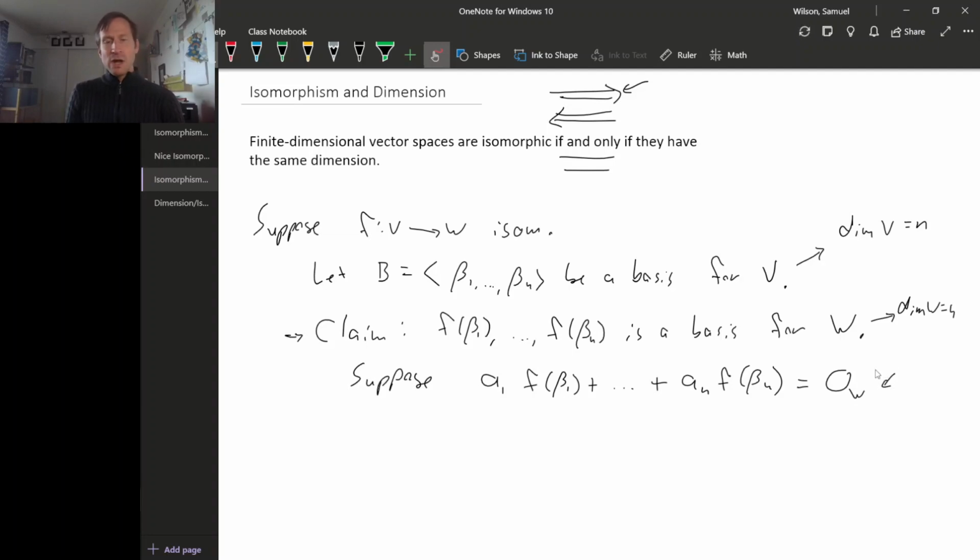All right. Well, on the left-hand side of this equation, we know that f is an isomorphism, so it preserves structure. So we can move this f all the way out to here. So on the left-hand side, we have f of a1 beta 1 plus dot dot dot plus a n beta n. And on the right-hand side, we have the zero vector in W.